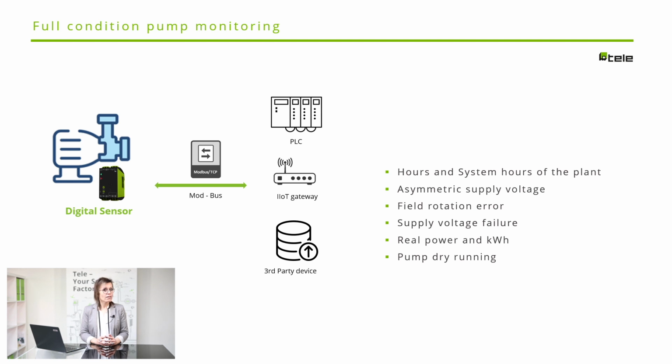For cyclic maintenance or predictive maintenance, the plant on hours and system running hours can be monitored. With the real power measurement in kilowatt hours, the amount of liquid transported can be calculated. This is used to optimize the maintenance cycle depending on the real amount of liquid transported and not by the amount of working hours the pump has been switched on.